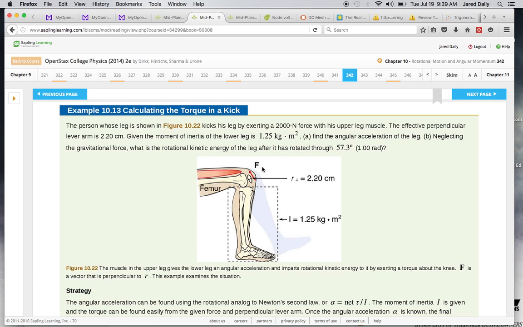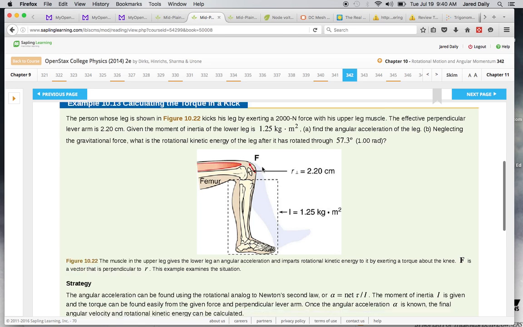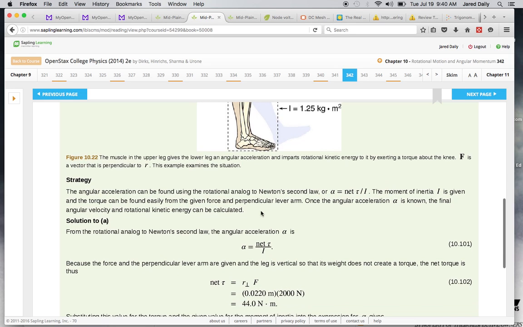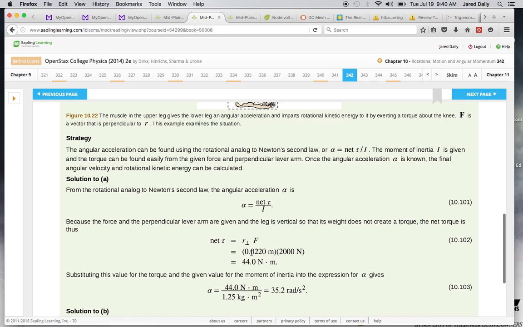First, part A, angular acceleration. Angular acceleration is related to torque. So torque equals I times alpha, just like force equals mass times acceleration. The torque is also related to the radius and the force, and they've given us those, so we can calculate the torque: 0.022 meters, or the 2.2 centimeters, times the 2,000 newtons, so 44 newton meters of torque on the leg.